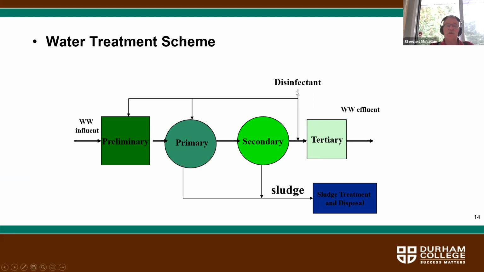After secondary treatment is where you will typically see disinfection of the water, typically through the injection of chlorine into the water. Not all plants have a tertiary treatment system, but some do. Once it's through the tertiary system, it is then typically discharged to some other water body.